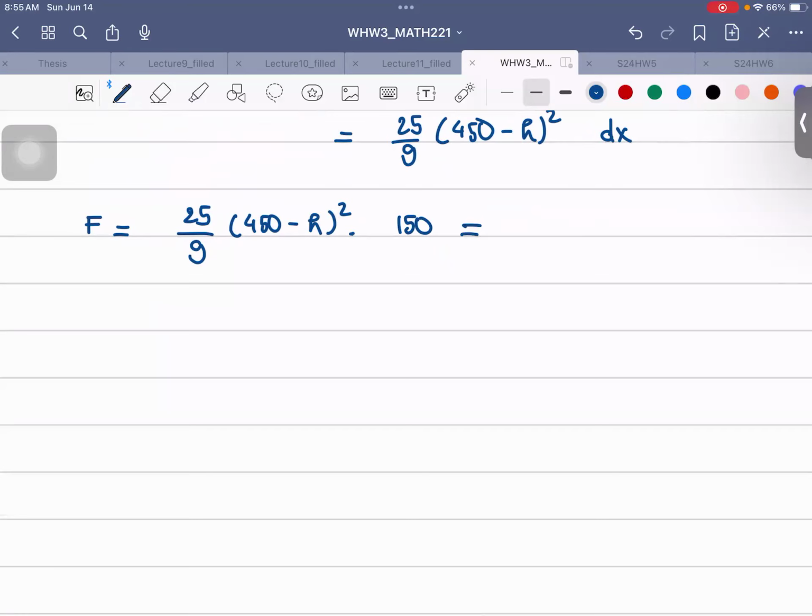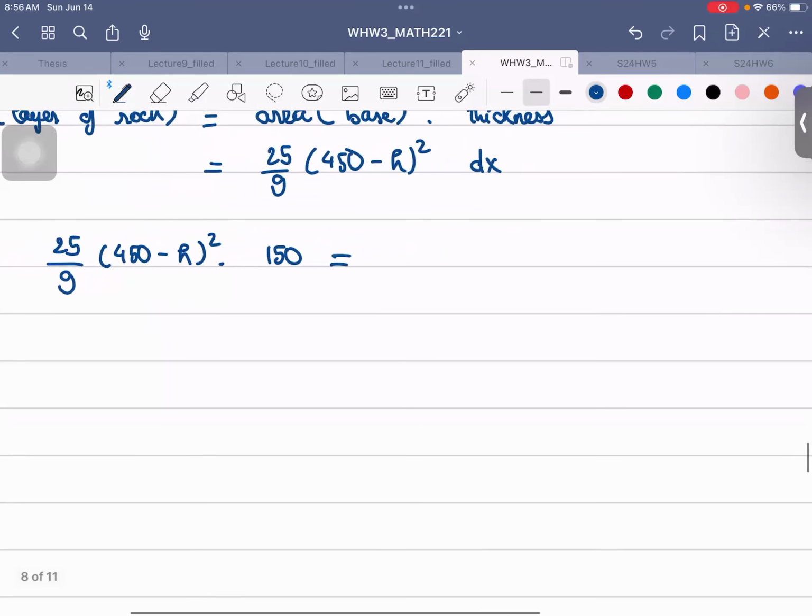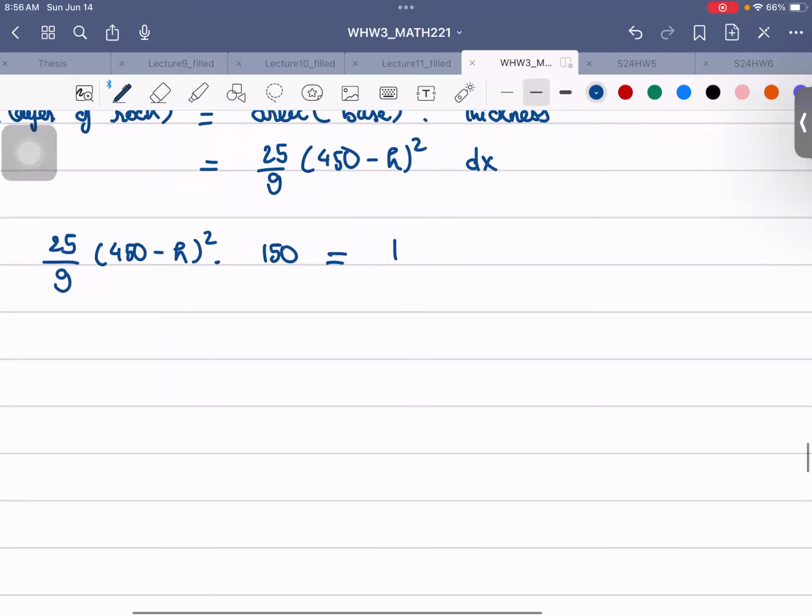Let's simplify this calculation. 25 over 9 times 150, you have 1250 divided by 3 times (400 minus h squared).